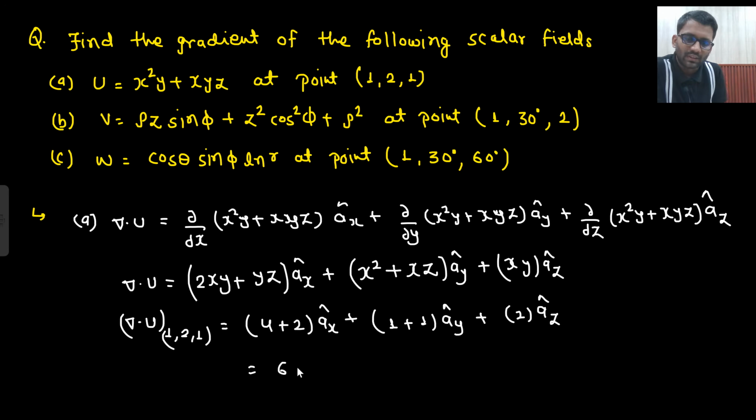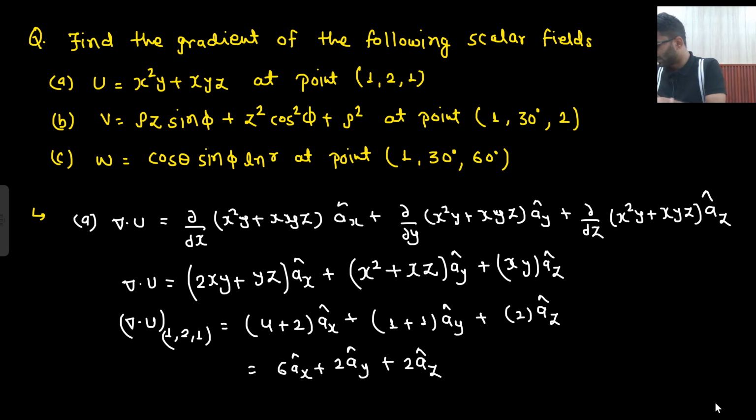So what is the answer? 6 ax cap plus 2 ay cap plus 2 az cap. That's it, simple calculation, nothing else. Let me match the answer so that there is no error. So these are very standard questions from this particular textbook, which is Sadiku's textbook.